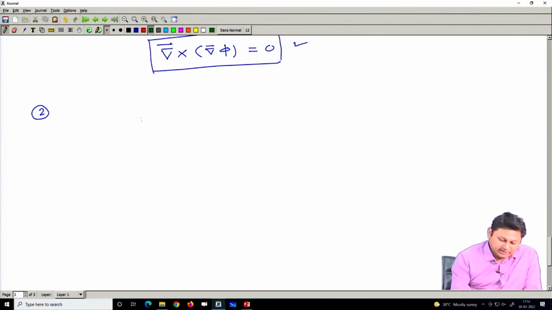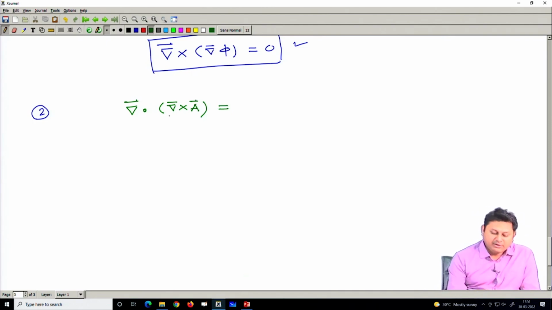The second identity is, if I want to find out the divergence of a curl of a vector field, then what should I get on the right hand side? So, I find the curl first.